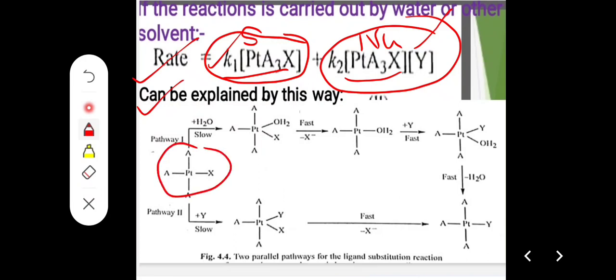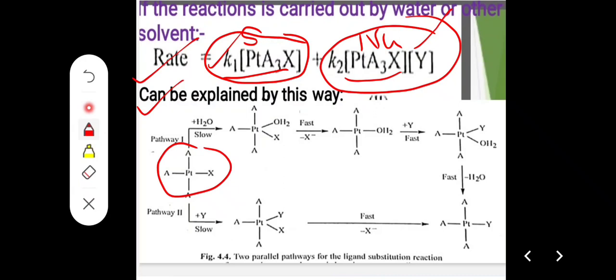Platinum A3X. For better understanding, we say that all the spectator ligands are A. As we know, spectator ligands are those which do not get involved in the substitution reaction but remain intact as they are.